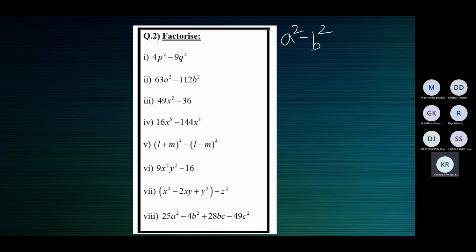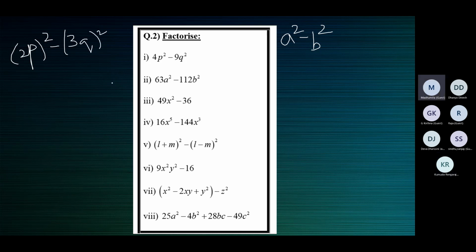So I'm going to discuss everything and then show you the slide. We write it as 2p the whole square minus 3q the whole square. Is this correct? Yes, ma'am.